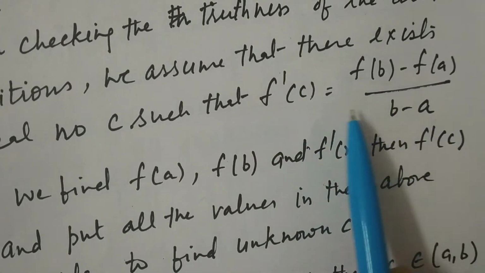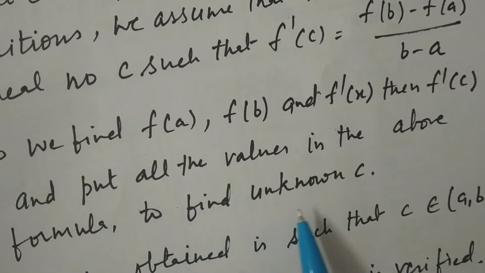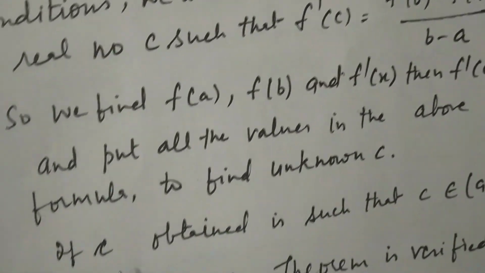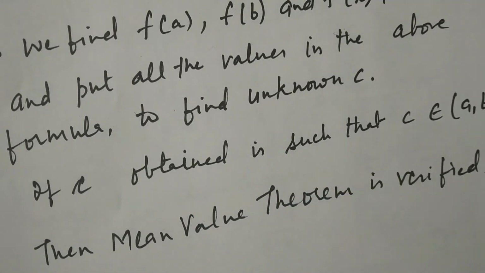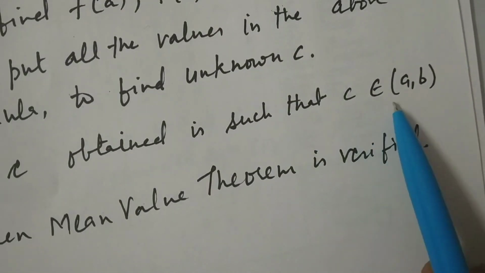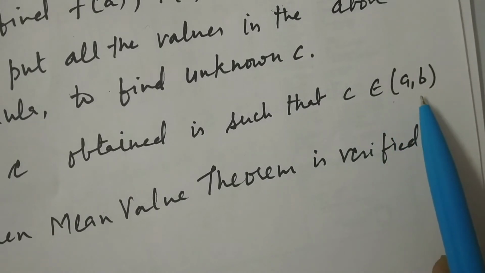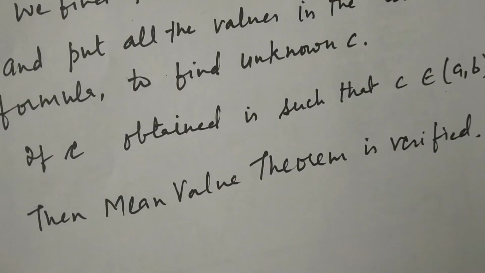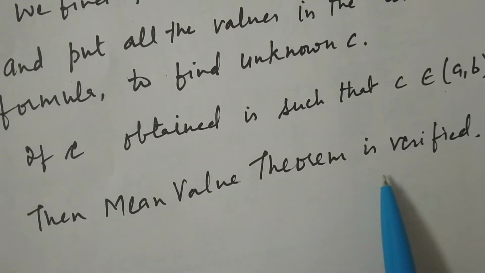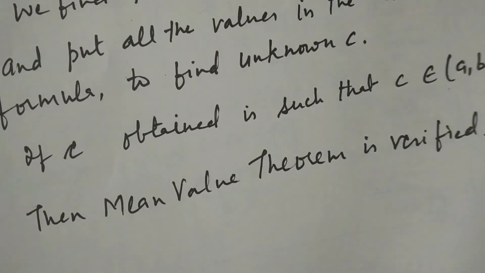By putting all the values here, we find the unknown c. If we obtain a c belonging to the interval (a, b), then we say that the mean value theorem is verified.